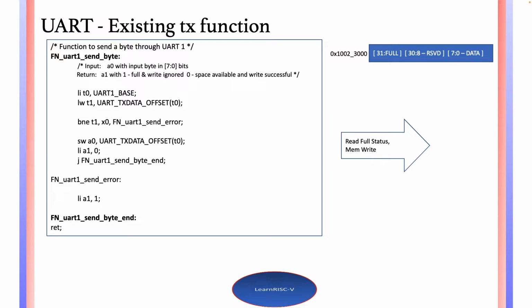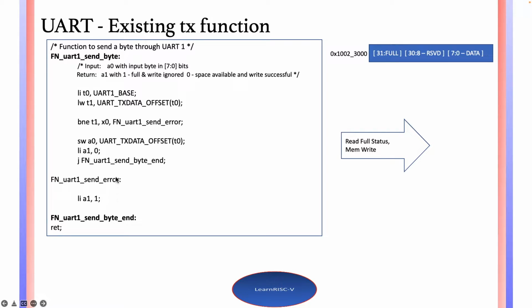If the FIFO is full, then any write into that TX register would just be ignored, and it's very difficult to know if the data has been transmitted or not unless you get feedback from the receiver end. So in the code I used for the loopback exercise, I first read the UART1 TX register and see if the FIFO is full or not.